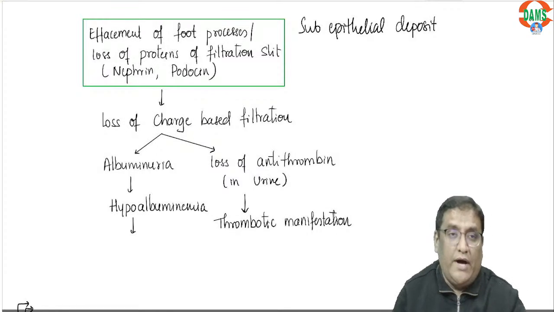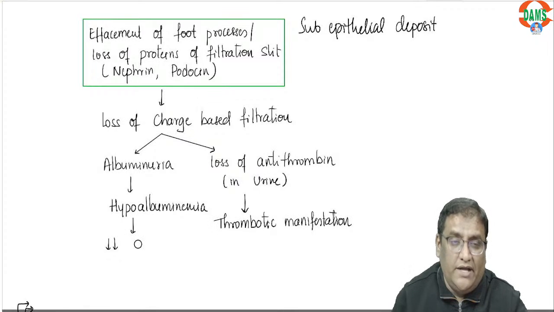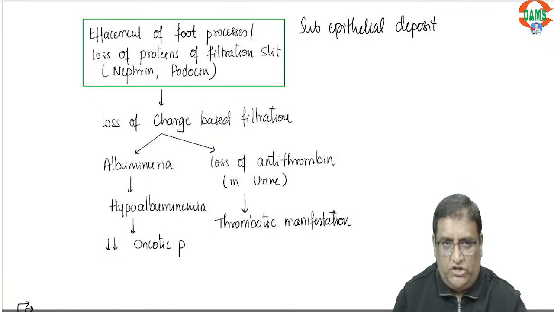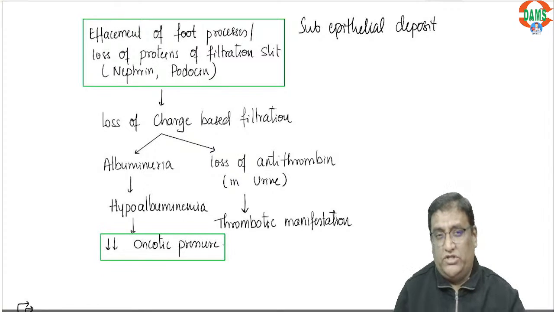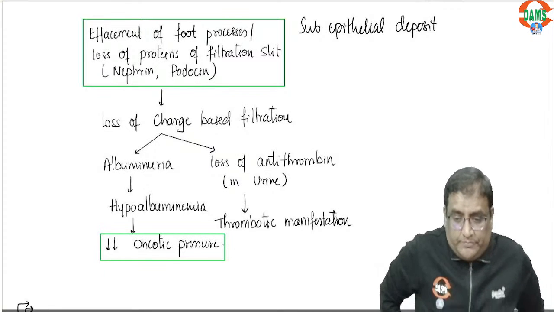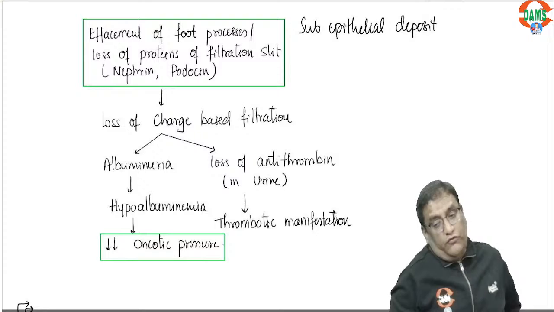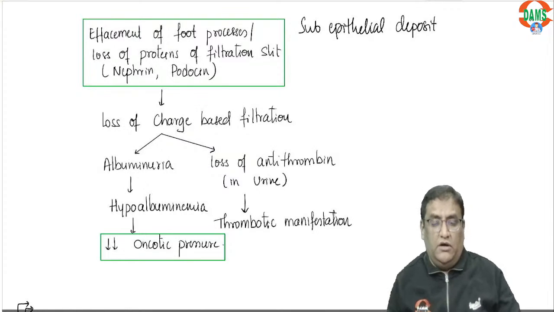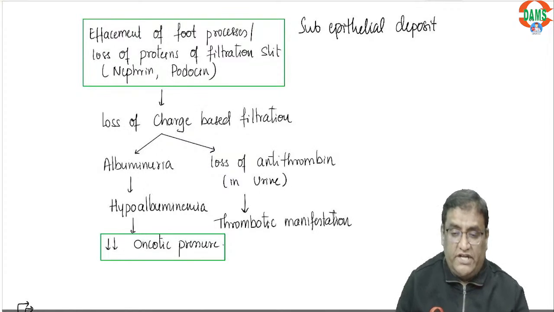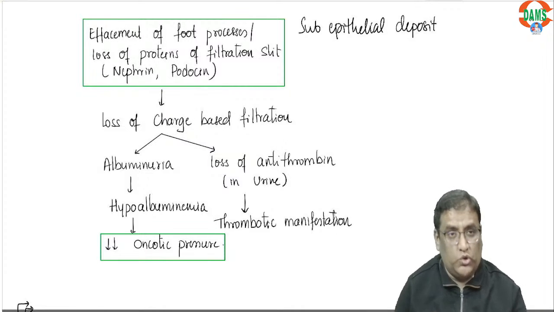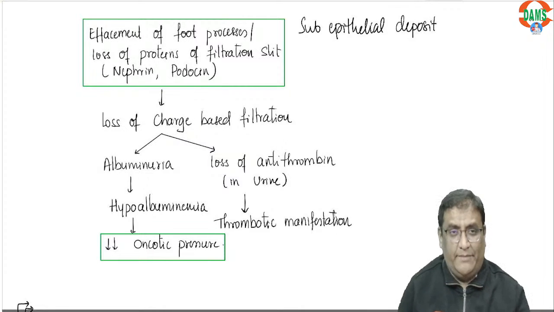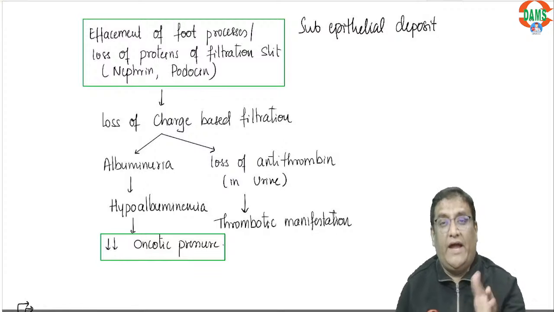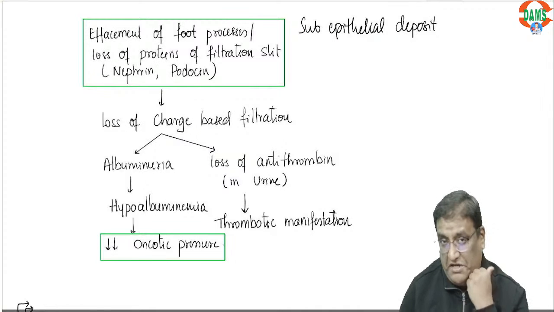If there is hypoalbuminemia, this will lead to a decrease in plasma oncotic pressure. Any thrombosis can happen; if it is on the left side, it can lead to varicocele. Nothing wrong with that. There can be varicocele. In fact, there can be edema in the testis. Scrotal edema also can happen here, by the way.